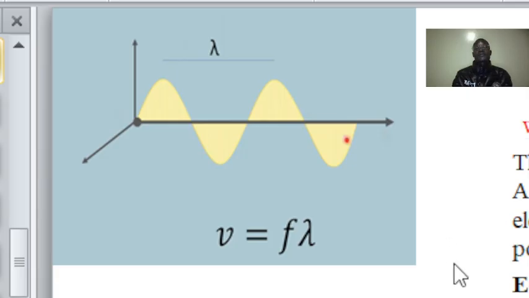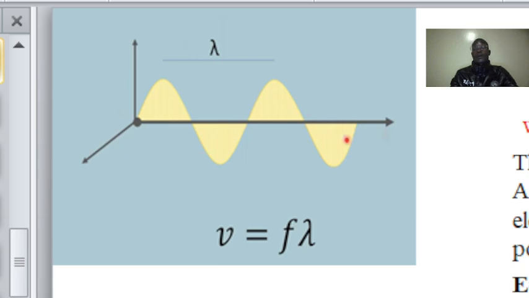But again, the speed with which this kind of element moves is also of great importance, as it is able to tell us the wavelength. Now we know that all the members of the electromagnetic spectrum move at the same speed of light, that is 3.0 times 10 raised to the power 8.